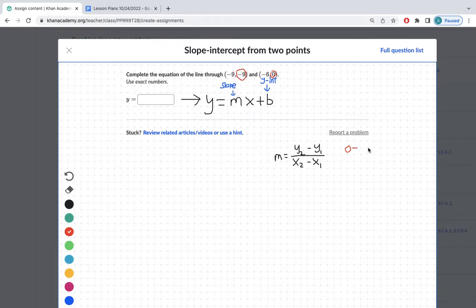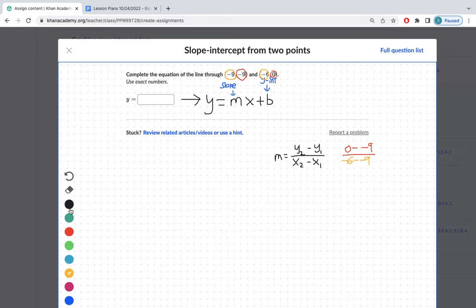So we have 0 minus -9. We're going to do the exact same thing with our x values. Our second one was -6, and we subtract from it our first x value, which was -9.